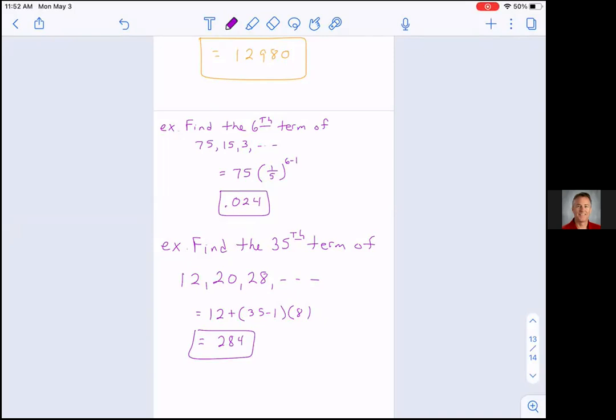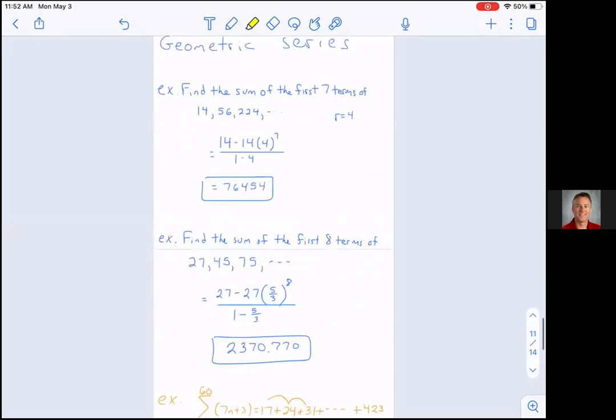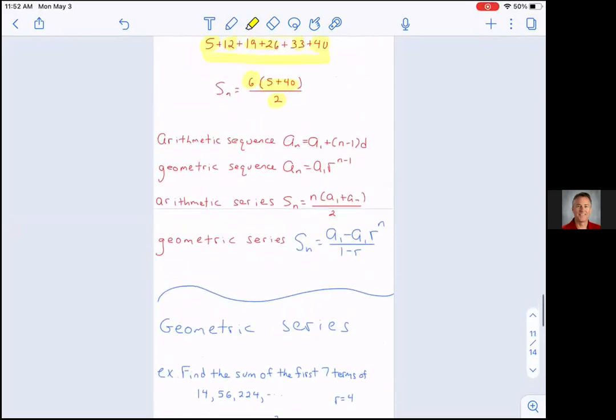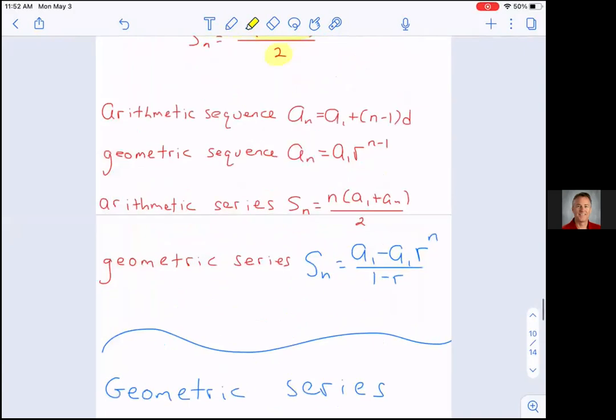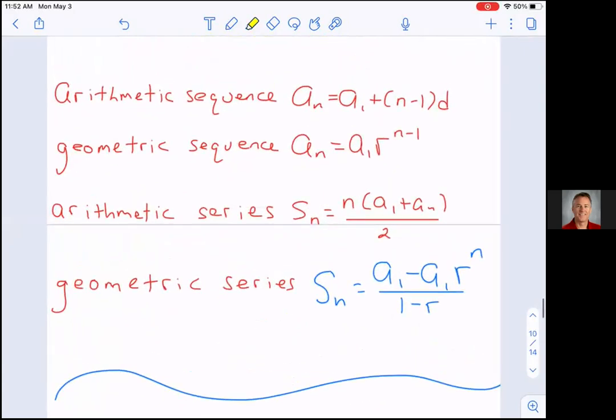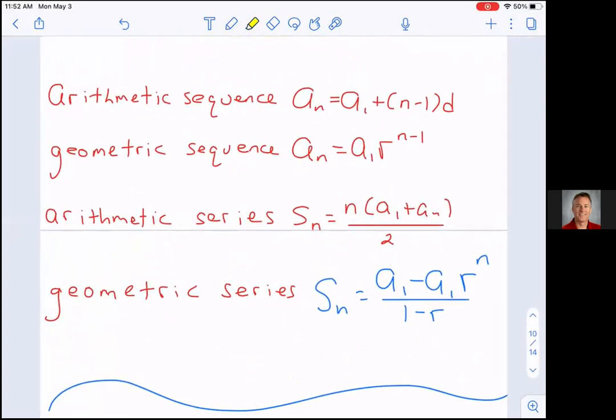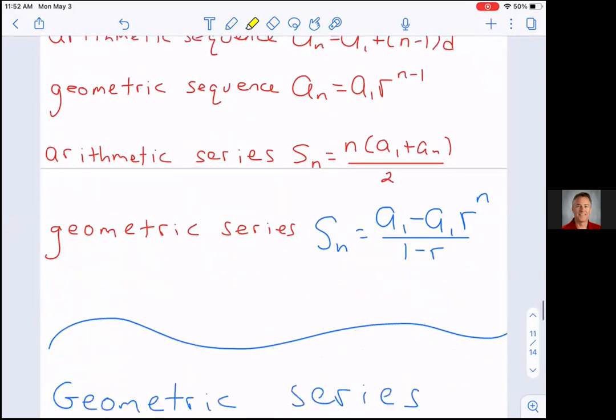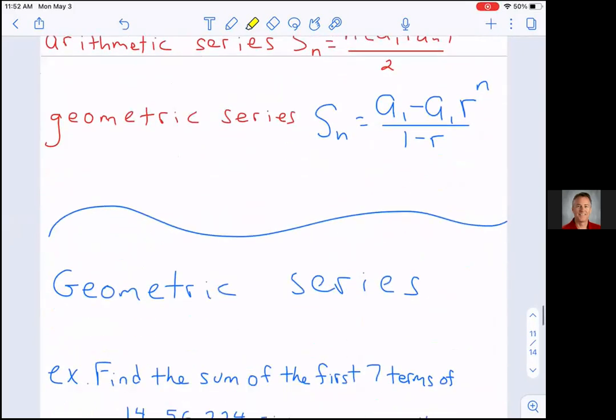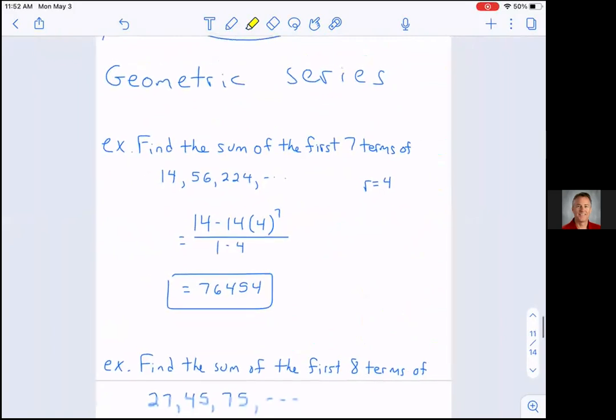All right, so just a quick recap is that we have 4 formulas: arithmetic sequence, geometric sequence, arithmetic series, geometric series. So the geometric series was the new stuff for today. That'll be like the first section of your homework.